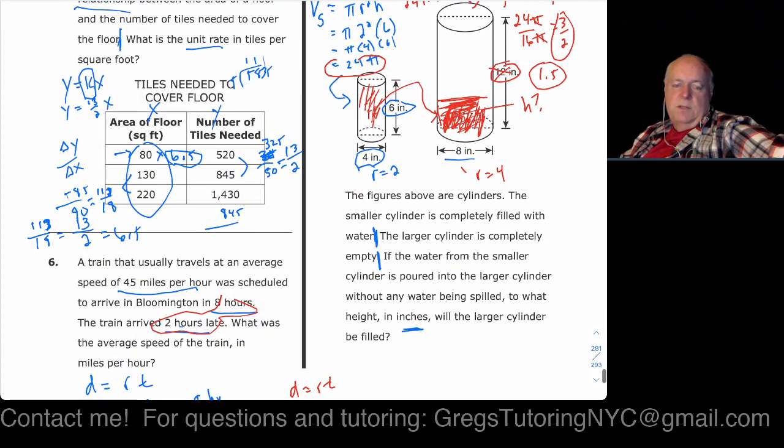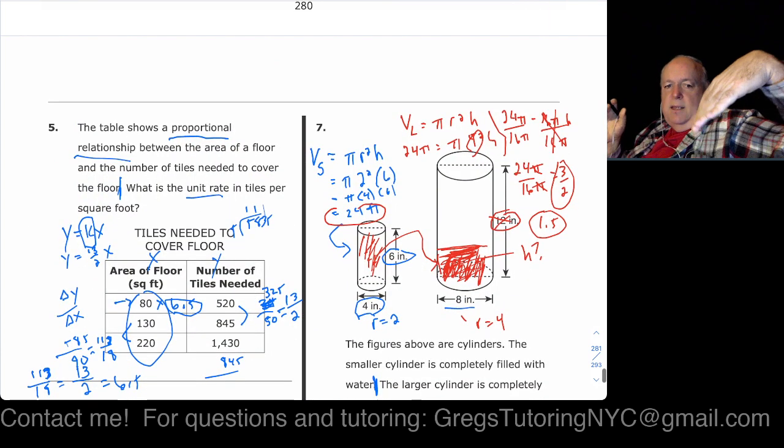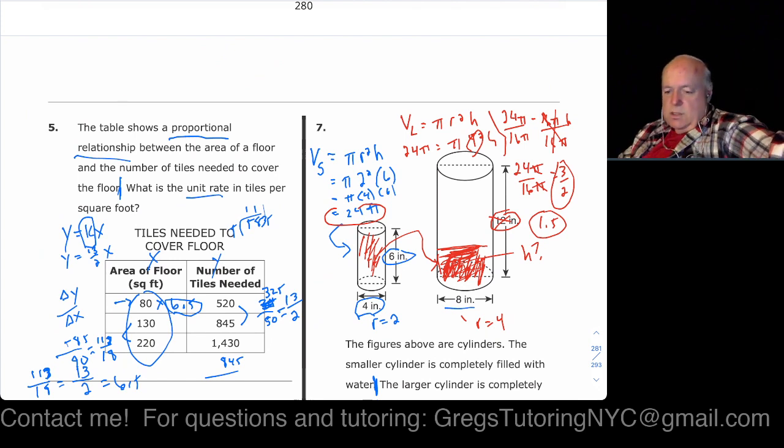Because if we notice, the height of the larger one is double, and the diameter is also double. So we can also look at this and kind of play with it, if you will. So basically what we have is we're trying to compare the two volumes between the two of them and try to make sense of it. So I'm just giving this as kind of a double-checky way.